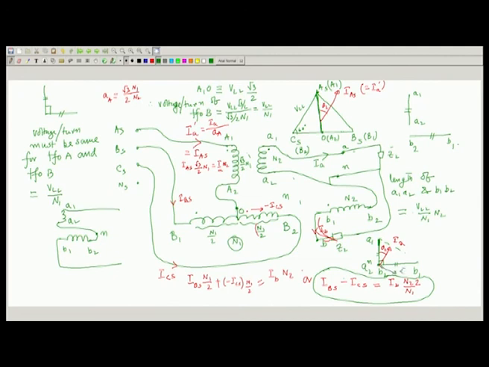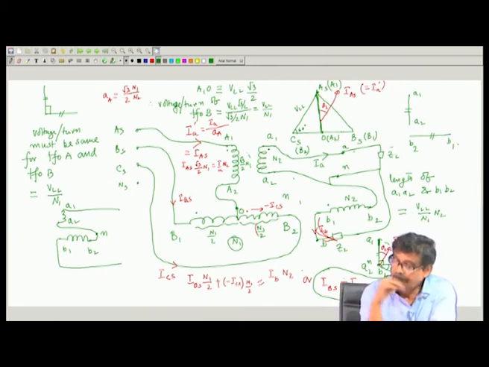I B will be here of same magnitude, lagging the B phase voltage by theta. These two I know. What I am trying to do now, then for this loading, what should be my IAS, IBS, ICS? Directions I have assumed in accordance with the 3-phase circuit directions.